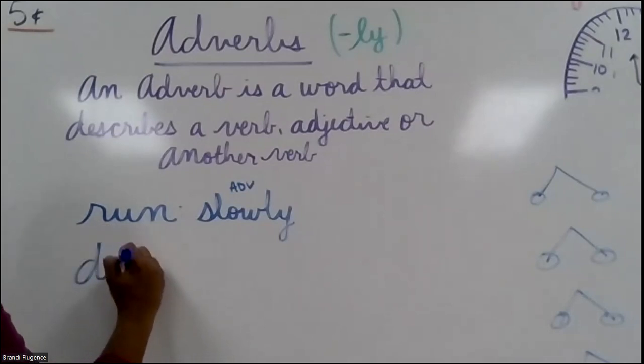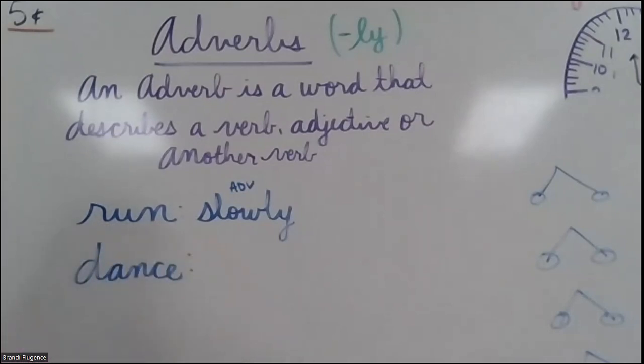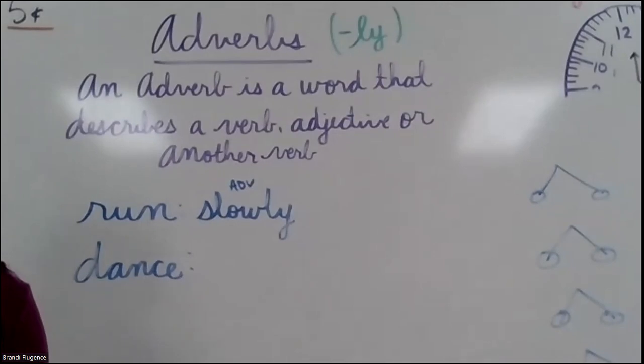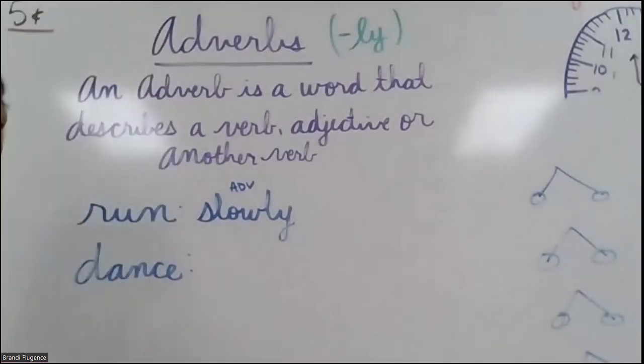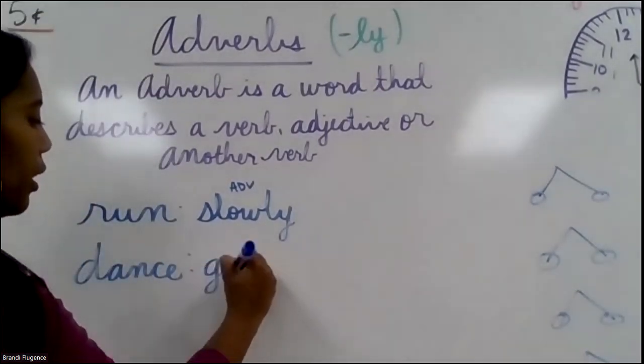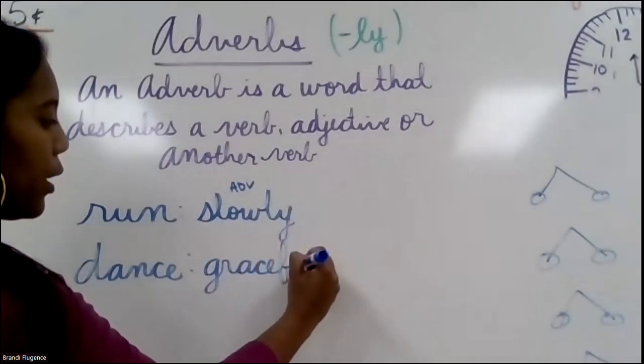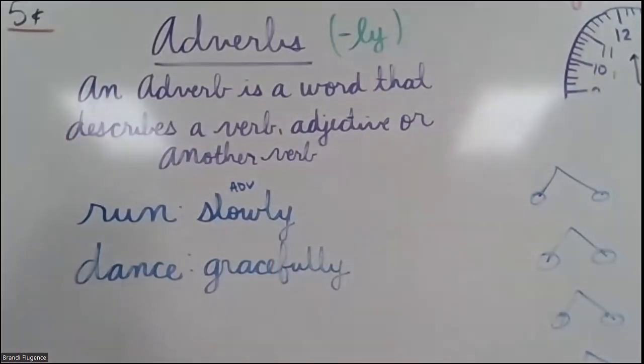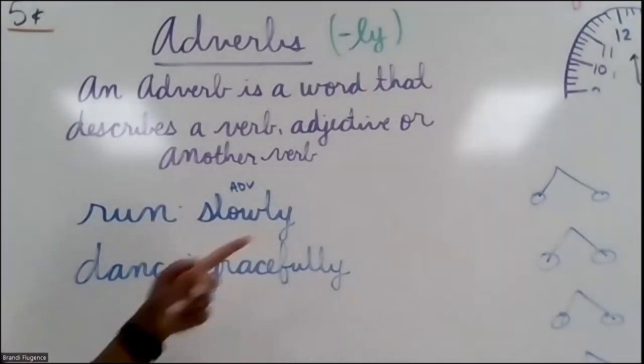Next we have dance. That's another verb. If I tell you how they danced, if I say gracefully, that's an adverb. I am describing how they dance gracefully. You see ly.